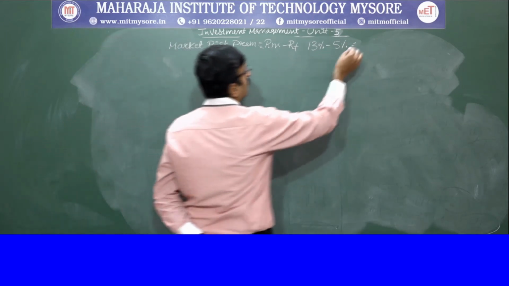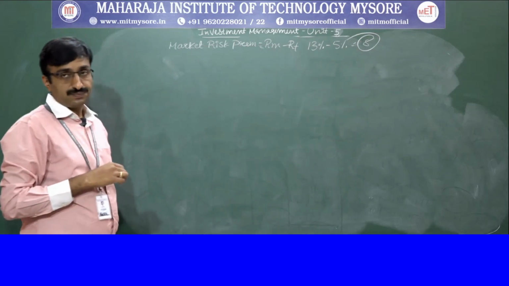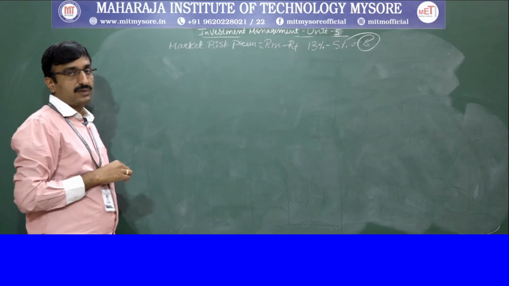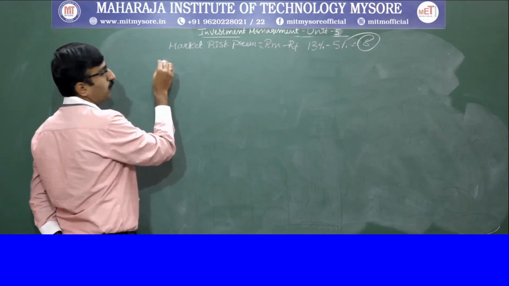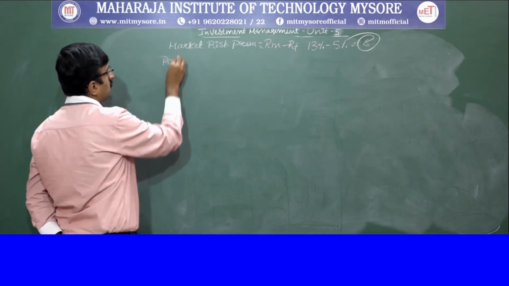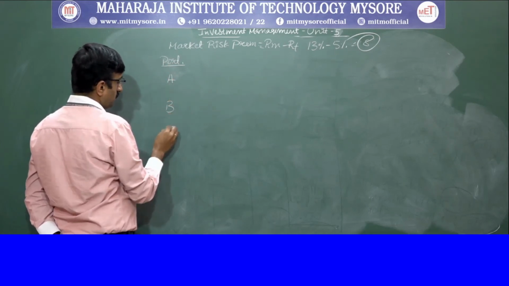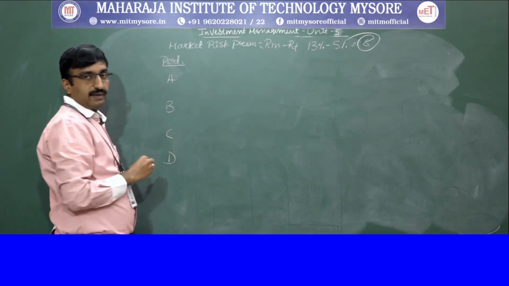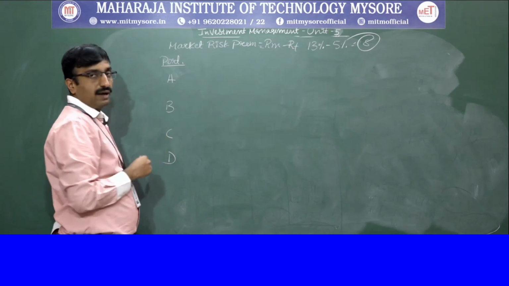So, you will get 8. 8% is the market risk premium. Now take a table and do it there. First we have the portfolios A, B, C and D. We have 4 portfolios with proportionate values.